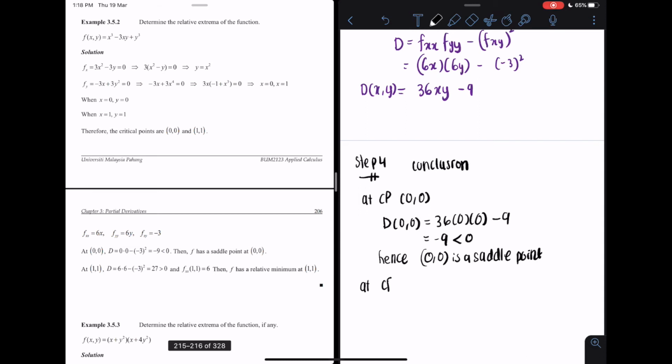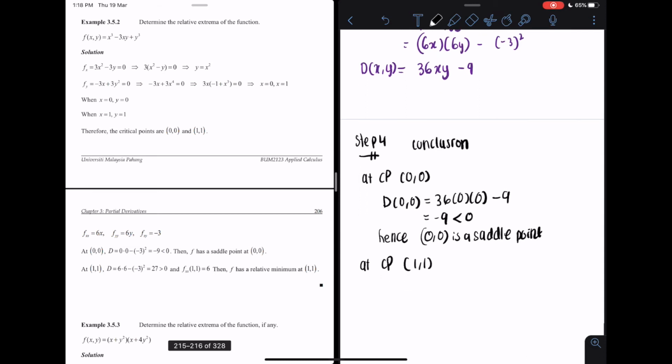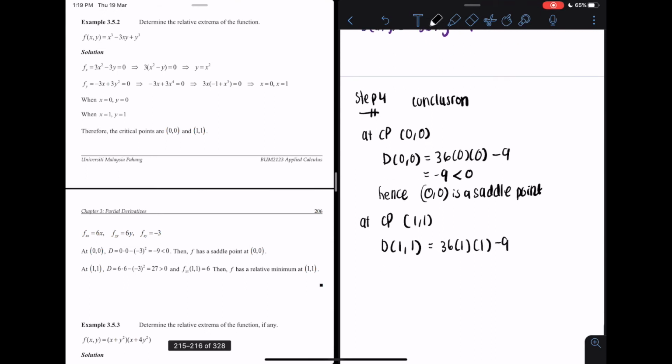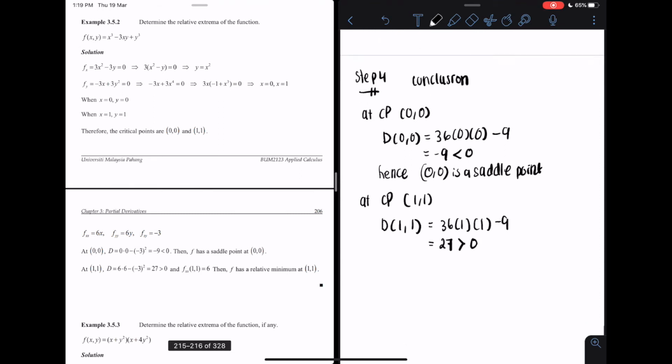At CP (1, 1), D(1,1) equal to 36 times 1 times 1 minus 9 equal to 27. And 27 is obviously larger than 0.